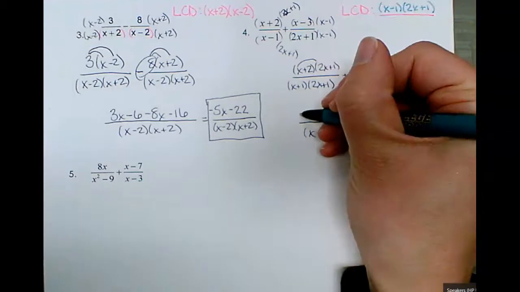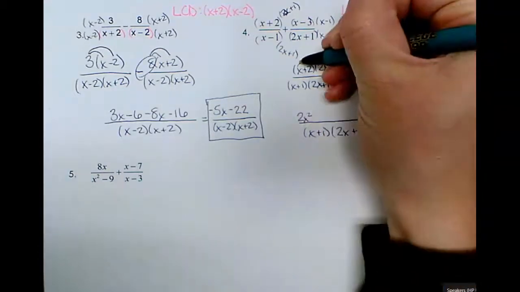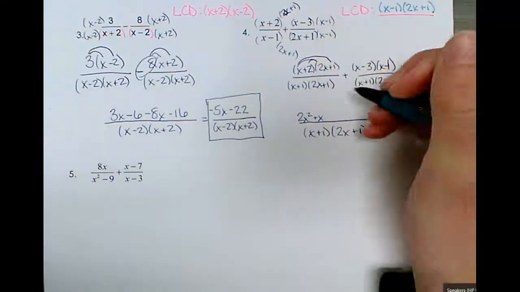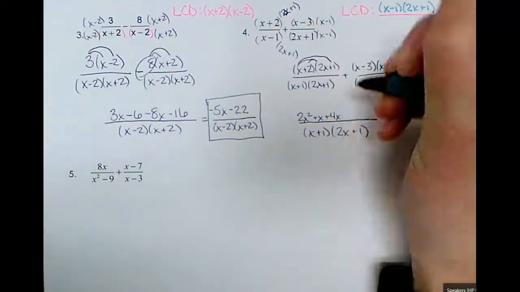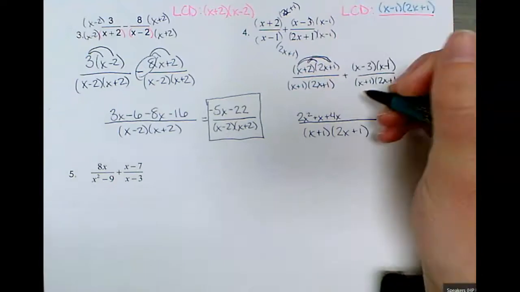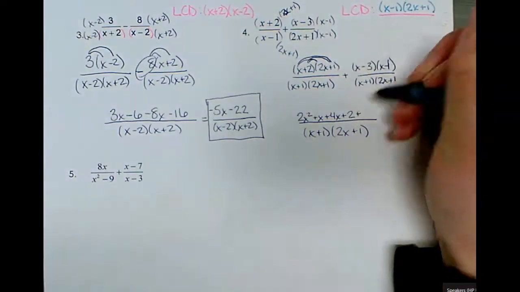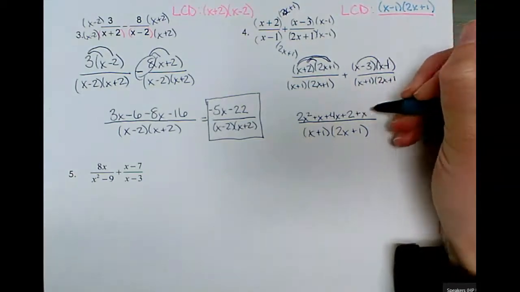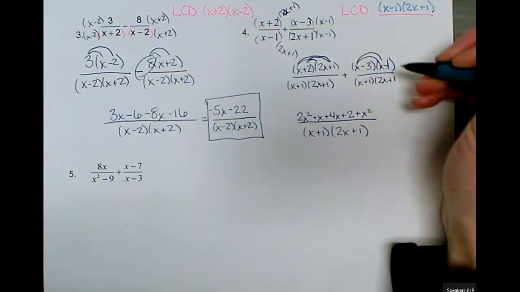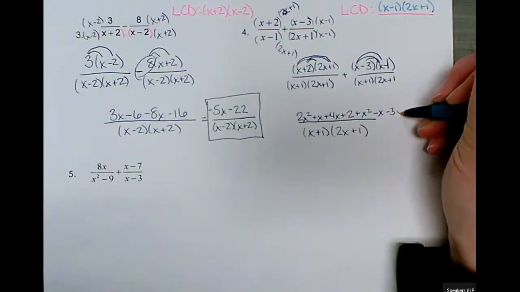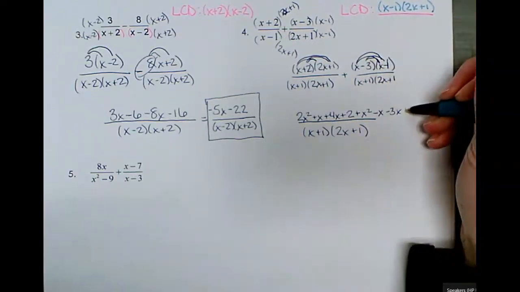x times 2x, 2x squared, x times 1, 2 times 2x, 2 times 1, and then here plus x times x, x times negative 1, negative 1.